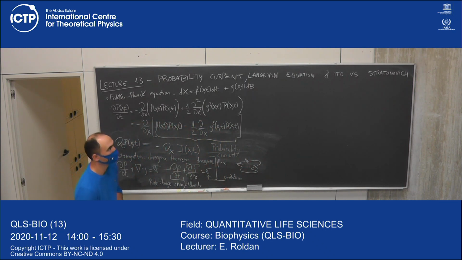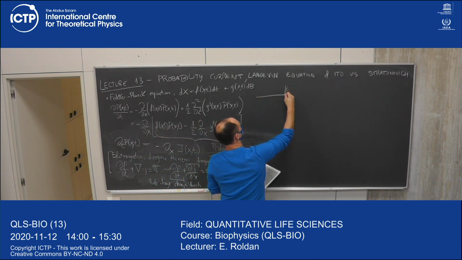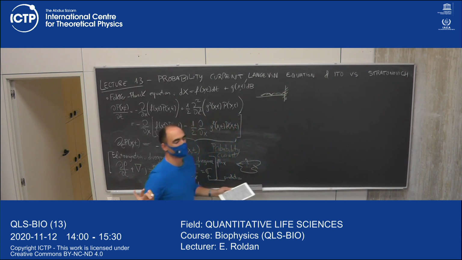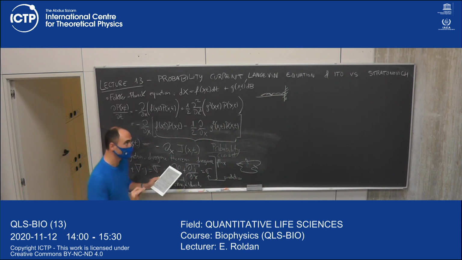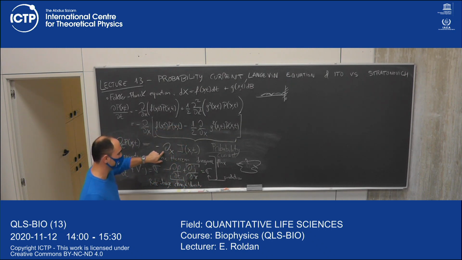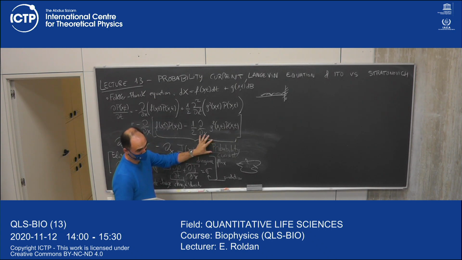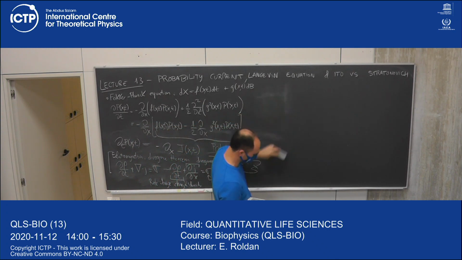For example, if you have a particle diffusing in a line, and there is a wall, and when the particle reaches the wall it is evaporated, in that case there is a destruction term. We are not considering this here. That's why we have partial t of p is minus partial x of J, plus there is nothing else. There should be something else if there is a production or a destruction of probability, like when there is a hole. But we are not considering this right now.